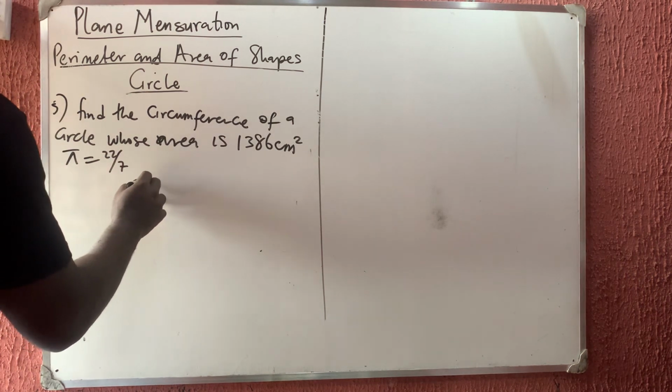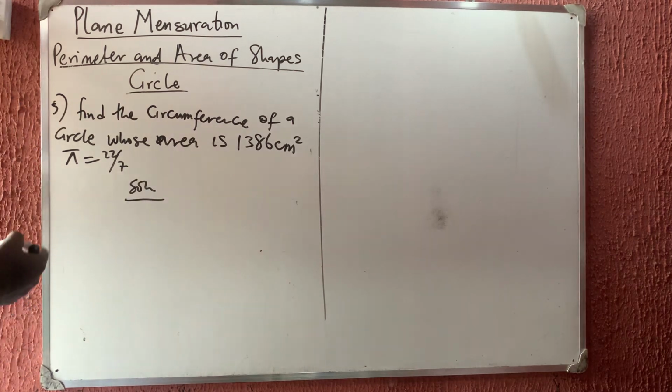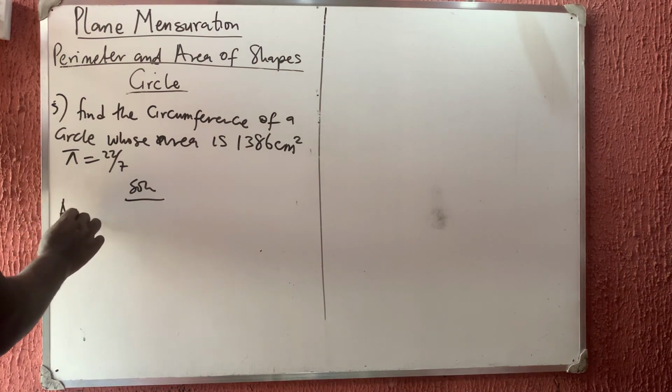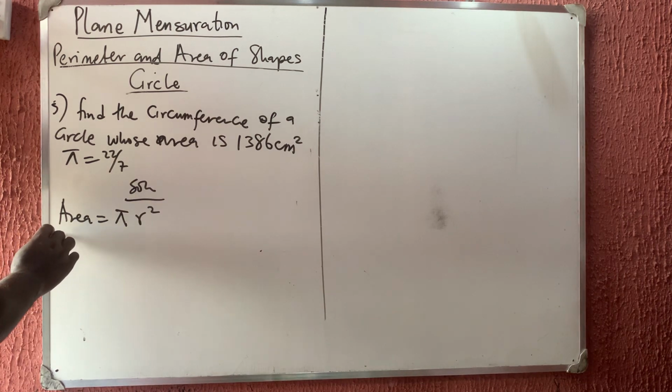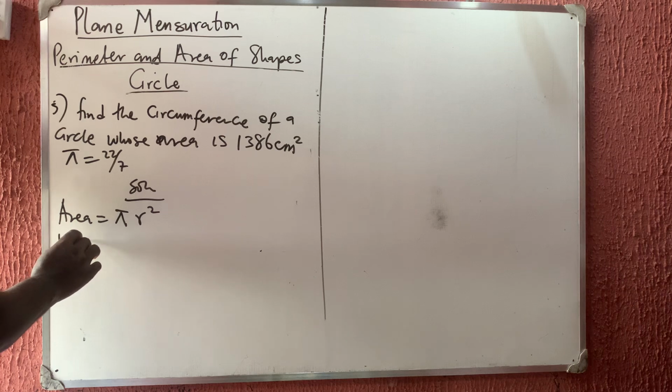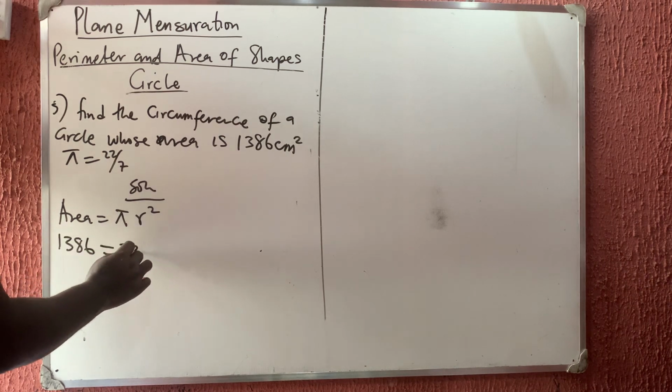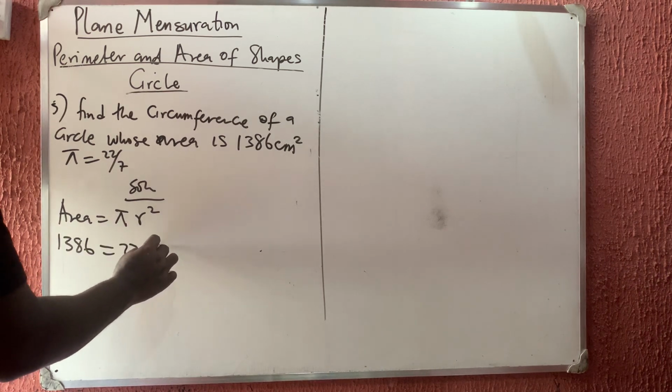The solution is very simple. We tell them that the area of a circle is equal to what? Pi r squared. So therefore 1386 is equal to 22/7 r squared.